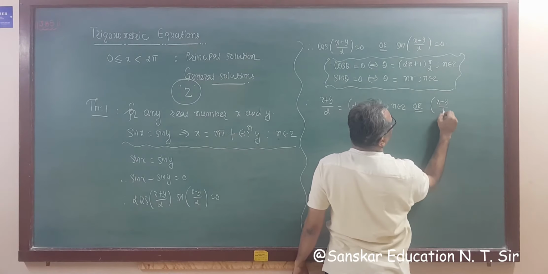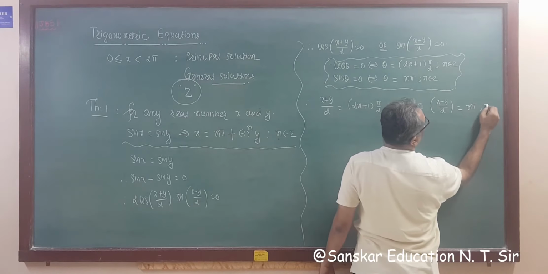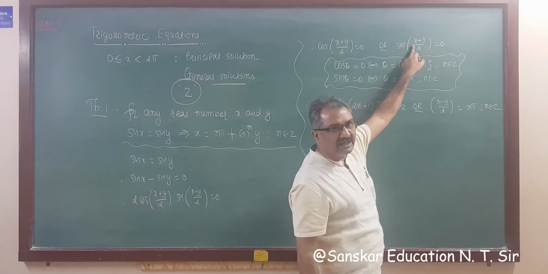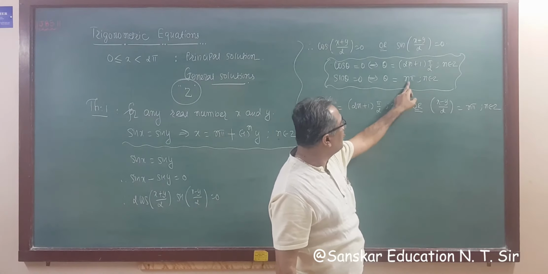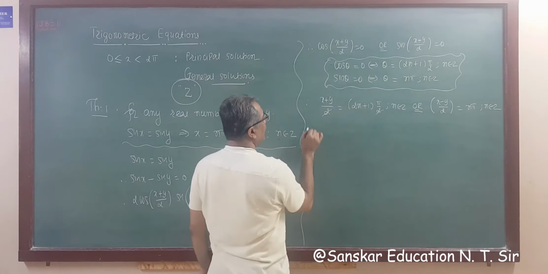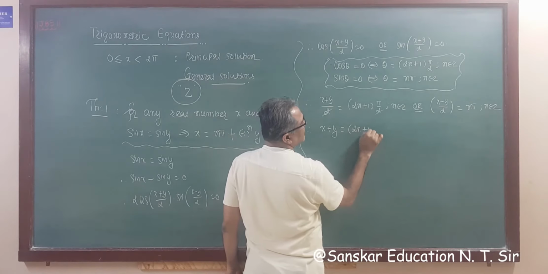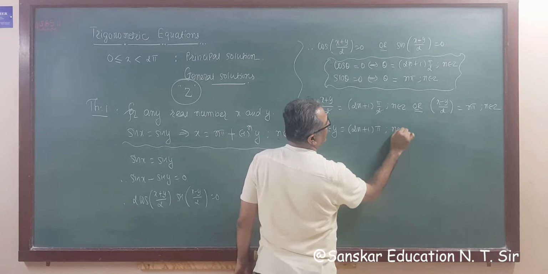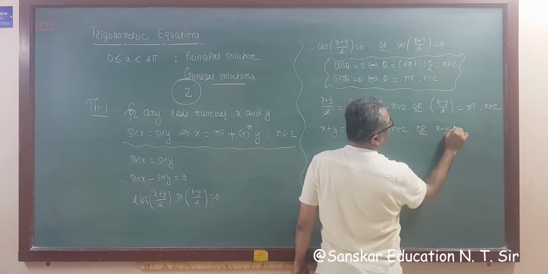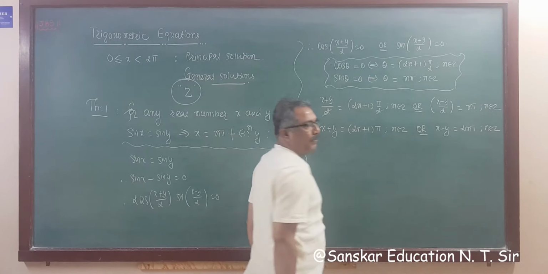So x minus y by 2 is equal to n pi, n belongs to Z. So applying these two formulas, sin theta, theta is here x minus y by 2, so x minus y by 2 is equal to n pi. These two will be cut. So what we get? x plus y is equal to twice n plus 1 pi, n belongs to Z, or here x minus y is equal to twice n pi, n belongs to Z, right?